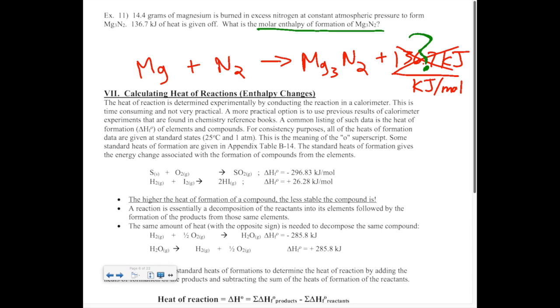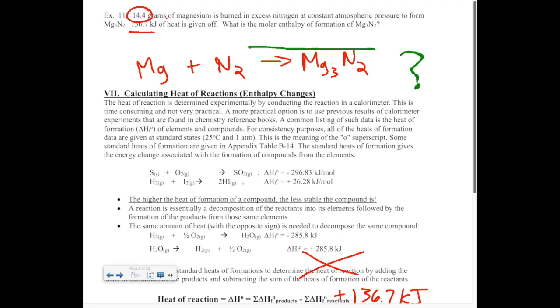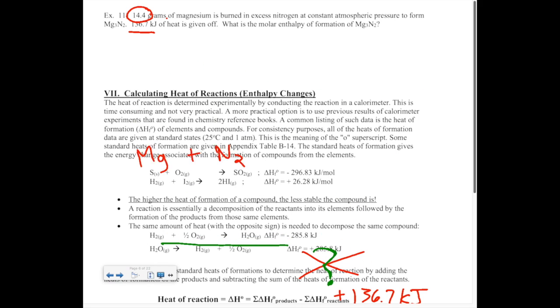What it does tell me is that there are 14.4 grams of magnesium burned off. And for every 14.4 grams of magnesium burned, 136.7 kilojoules are released. So I'm going to have to get all of this junk out of here, and I'm going to show you the easiest way to do this.